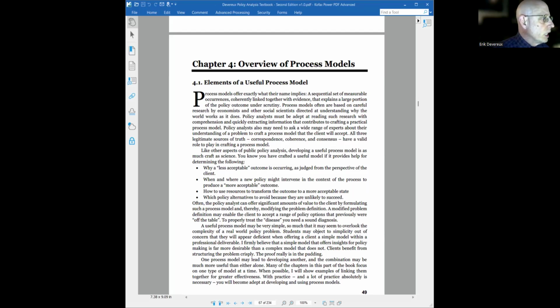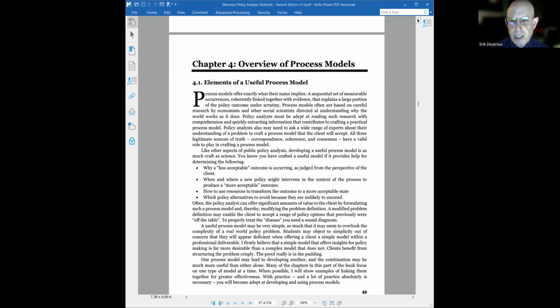So what we're going to be doing here is moving on in these new chapters to look at how you actually go about diagnosing a policy problem. We're skipping over chapter 3 of the book, which is an example of policy analysis that uses almost all of the techniques and strategies presented in the book to take a deep dive into the problem of reducing the use of nicotine products by the American public and trying to reduce the health consequences that result from the use of nicotine products.